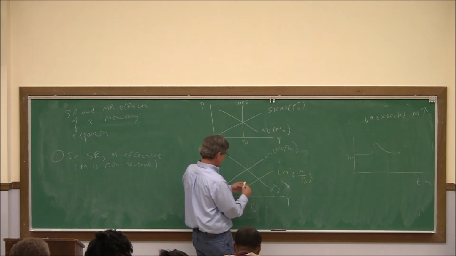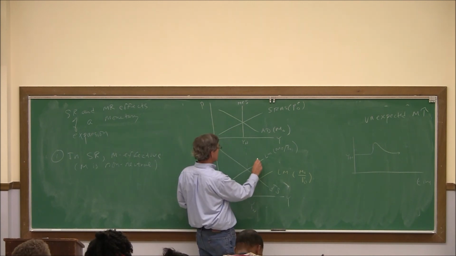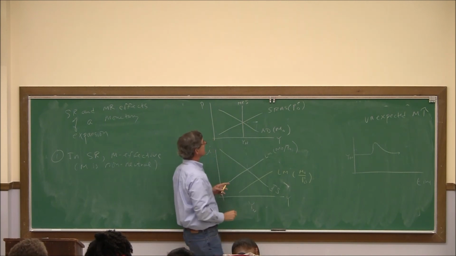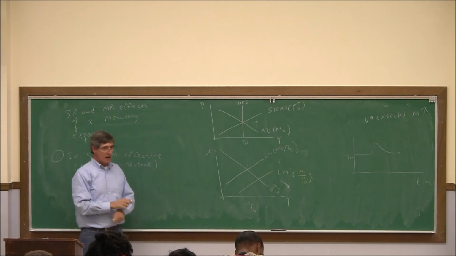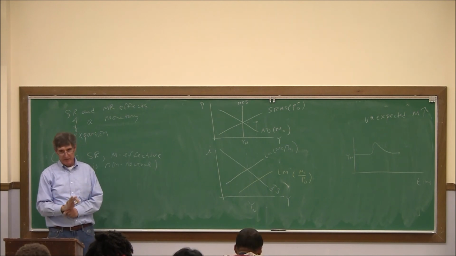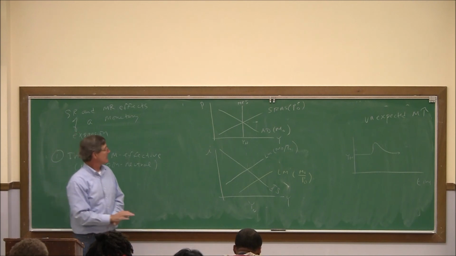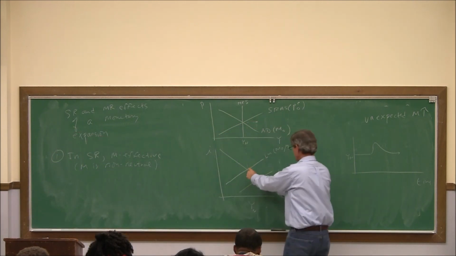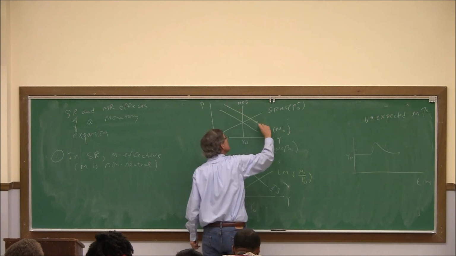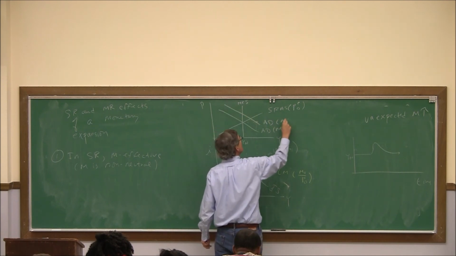P is at P0, I want you to take this point right here and come up to here and find that point right there. Because that's going to tell you where the aggregate demand curve shifts. It's not the new short-run equilibrium, that's something else. But this is the horizontal shift in the aggregate demand curve. So the aggregate demand curve shifts to AD of M1.